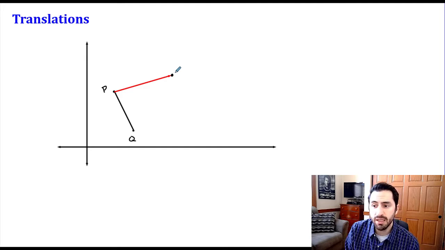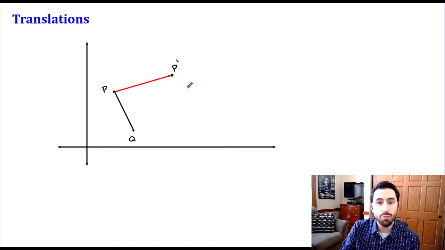And I can notate that it's the image by using something called prime notation. So this is point P, and then I can label this new point P prime. Putting a little apostrophe on that point indicates that that's the new point, the location after doing the transformation.